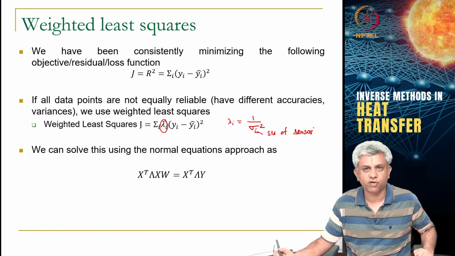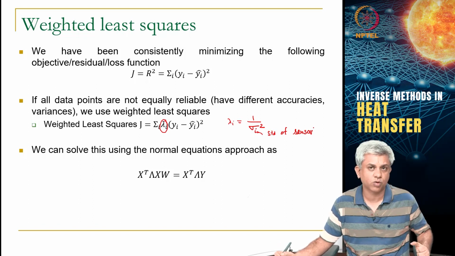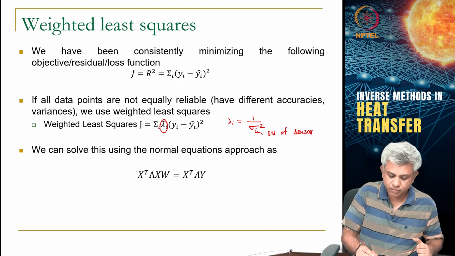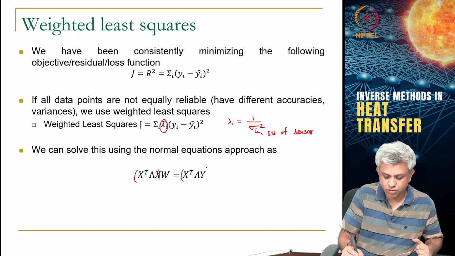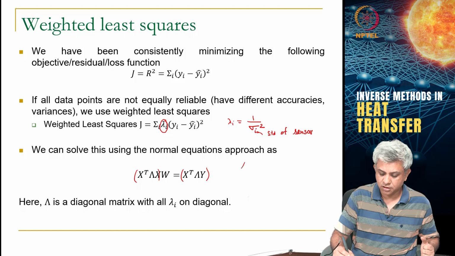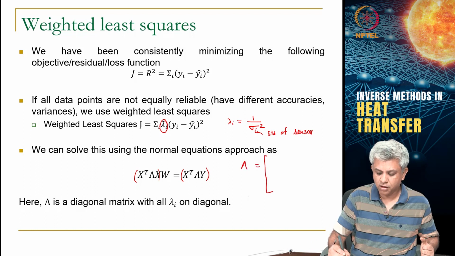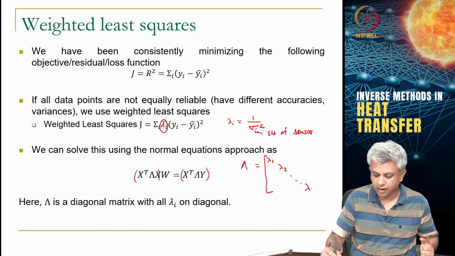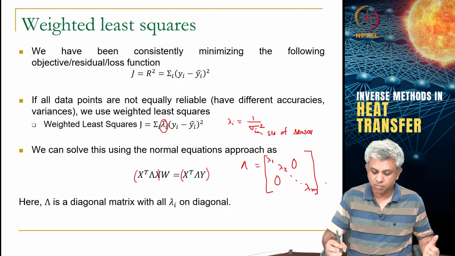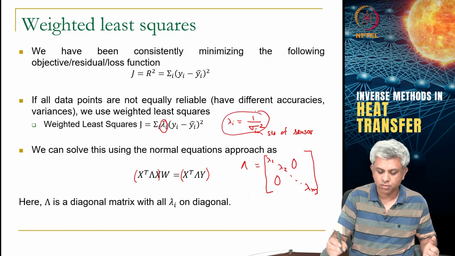I derived the scalar form this week, but you can derive this one: x transpose lambda x times w is x transpose lambda y, where lambda is a diagonal matrix. So, lambda will have lambda 1, lambda 2 up till lambda m if there are m sensors, and off diagonal is all zeros, and remember lambda itself is 1 over sigma square.